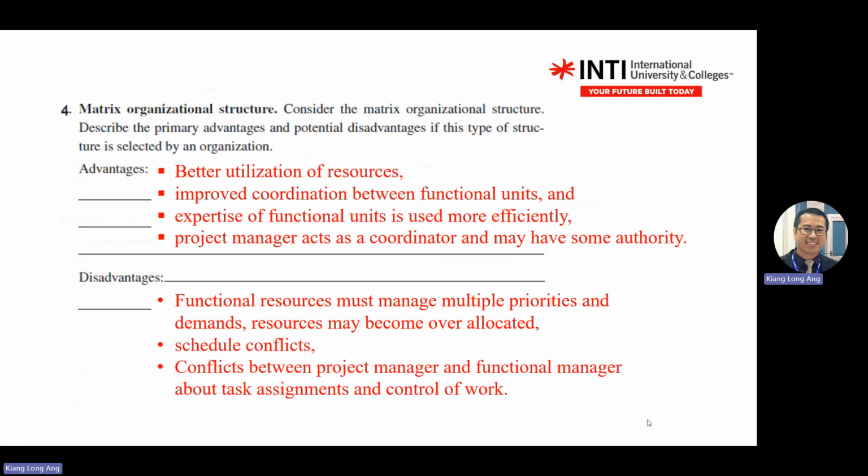Schedule conflicts. This one on the matrix. Conflict between project manager and functional manager, when the communication breaks down because they are at the same level. So when conflicts come into this one, okay, this one is resources and conflicts.